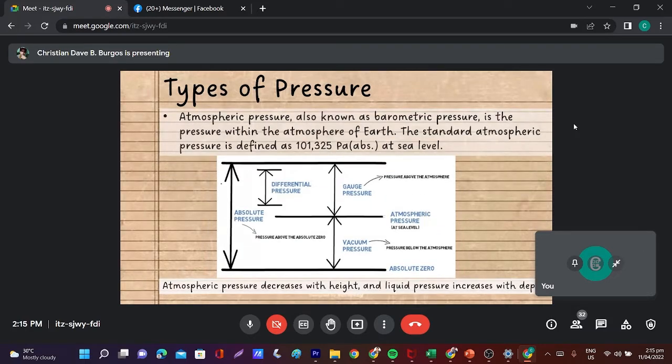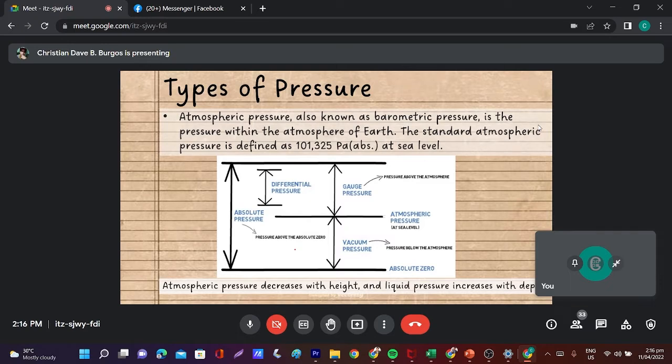Second is the atmospheric pressure, also known as the barometric pressure. It is the pressure within the atmosphere of the Earth. The standard atmospheric pressure is defined as 101,325 Pascal absolute at sea level. We need to remember that it refers to sea level.